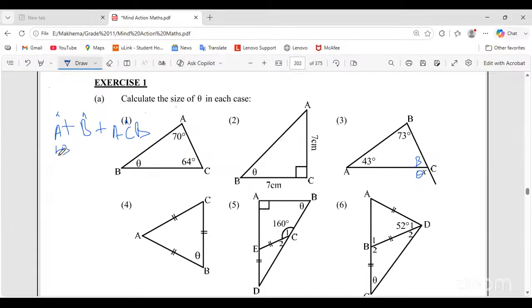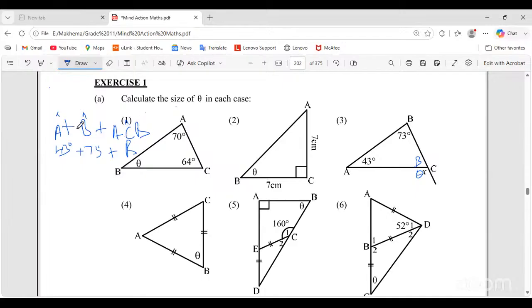It is 43 degrees, not just 43. What is the angle of B? It is 73 degrees plus ACB. It is beta, right? Okay, now we want that beta.